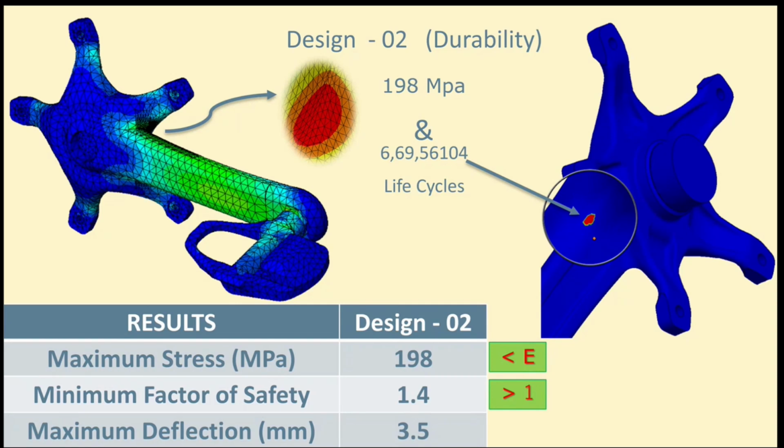That is a very huge number, and we can say that it will sustain for a long time, and the factor of safety is also greater than 1, it is 1.4. Theoretically we have considered 1 as the minimum factor of safety, and according to that only we have given the allowable stress values.